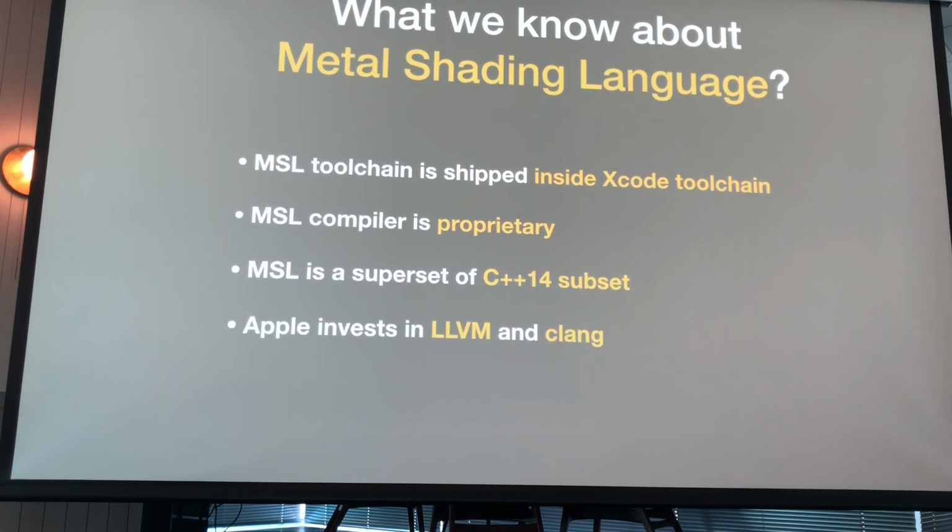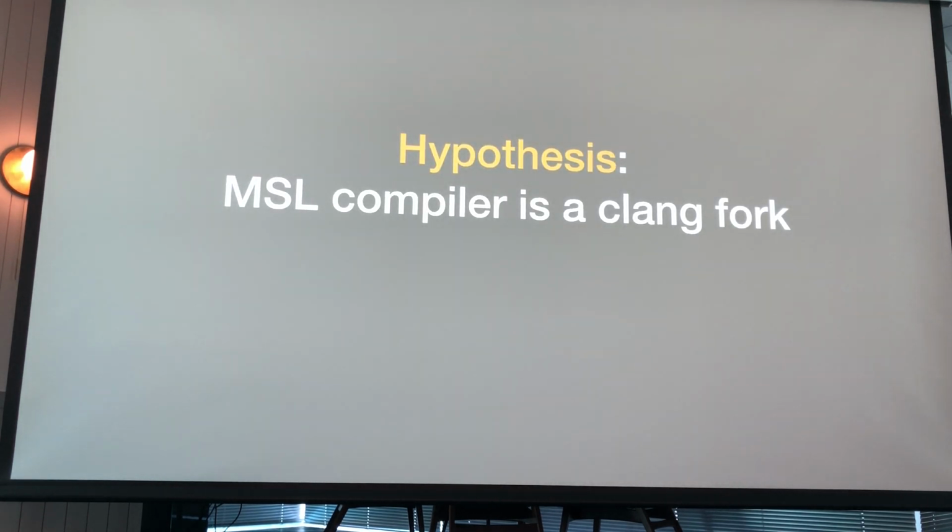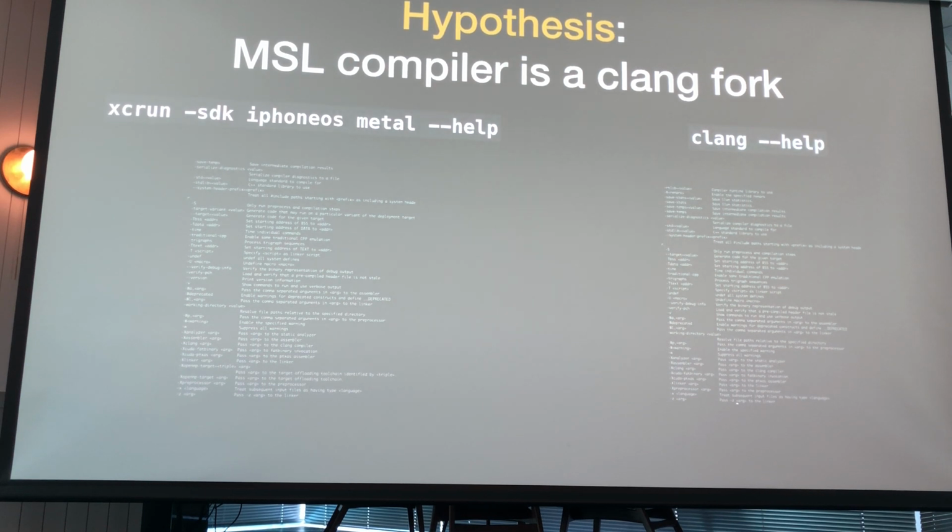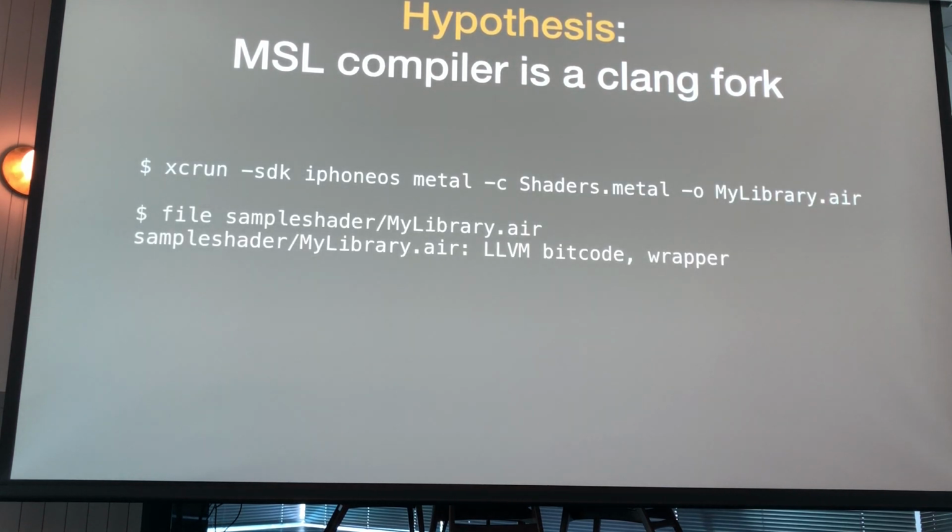And we also know that Apple loves LLVM and Clang and invests a lot in that direction. So the hypothesis was that the Metal Shading Language compiler is a Clang fork. First I compared the help outputs, and they looked pretty familiar, so maybe this was the right direction. Next I compiled the shaders into a standalone library and checked the header with the file tool and saw that this is LLVM bitcode.